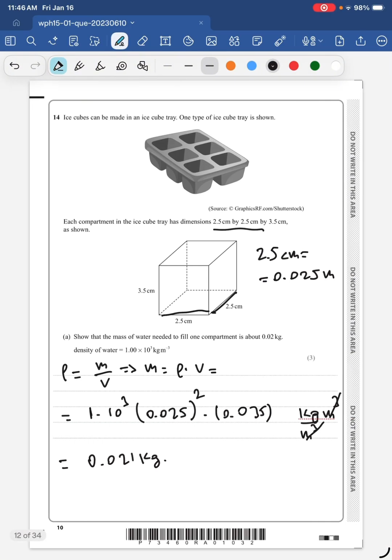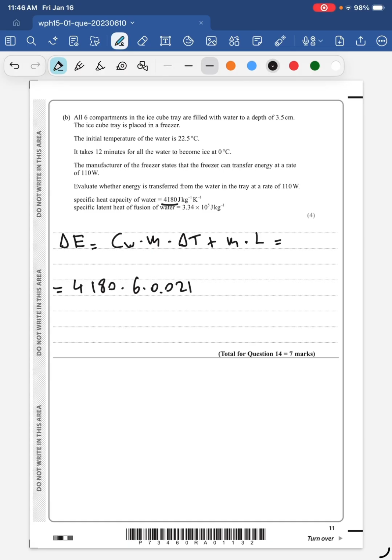It's actually 0.021. Okay, so I'm going to use that times the temperature change, which is 22.5 kelvins. Don't forget that you actually have to convert to kelvins, but the same change in temperature in Celsius is the same as the same temperature change in kelvins. Okay, it's a special case. It only works for this example.